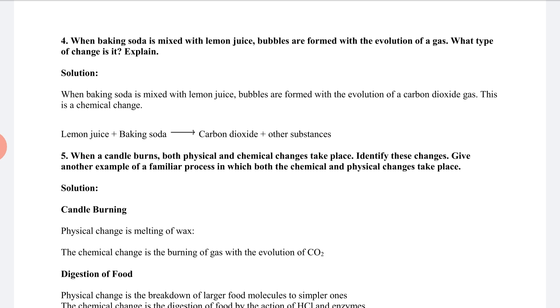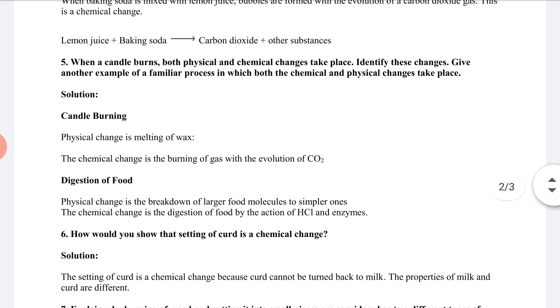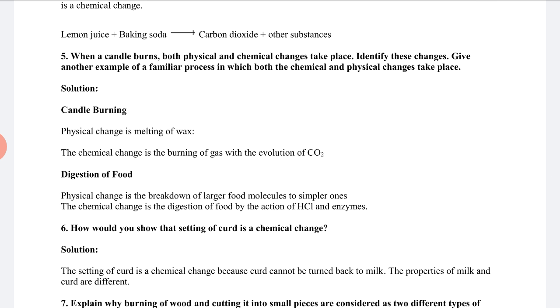Identify these changes. Give another familiar process in which both chemical and physical changes take place. So now you also give another example. Here is the solution of this question: candle burning.